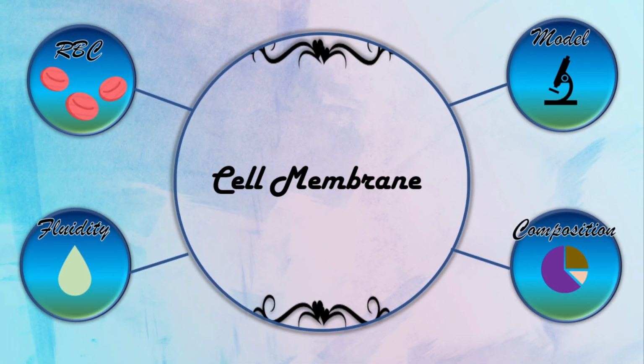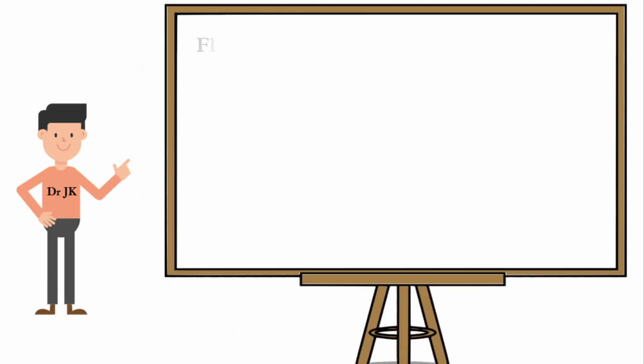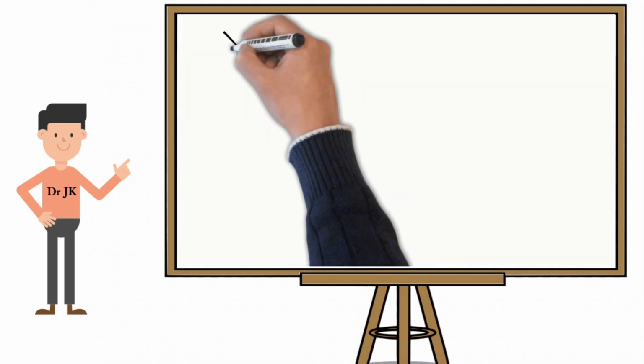Now the next part of the lecture is about fluidity of the cell membrane. The main factors that determine the fluidity of the cell membrane are temperature, fatty acid saturation, and cholesterol.